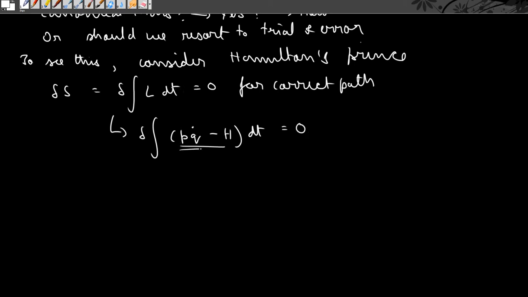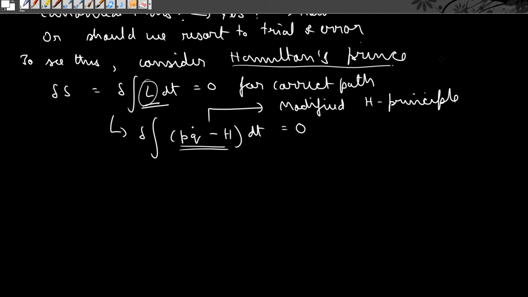So this is basically a Legendre transformation of the Lagrangian. When we write Hamilton's principle in this form, it is generally called the modified Hamilton's principle. Just nomenclature: when we write it in the form of the Lagrangian, we call it just Hamilton's principle, and when we write it in terms of the Hamiltonian, we call it the modified Hamilton's principle. From this form, we can derive Hamilton's equations.